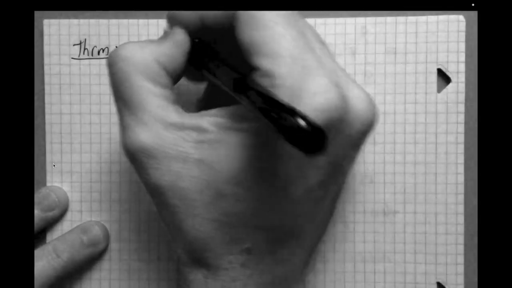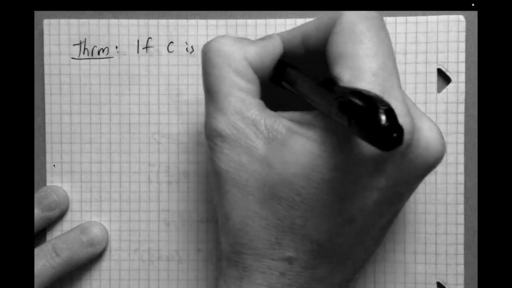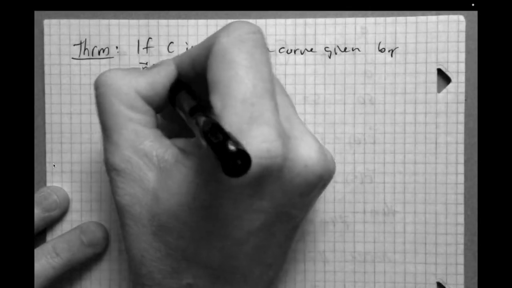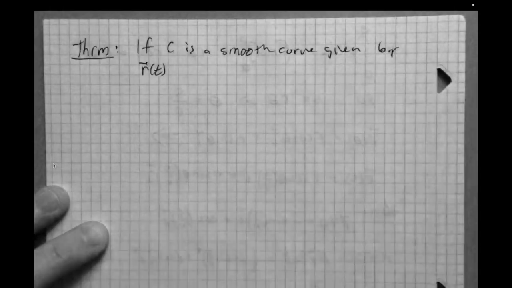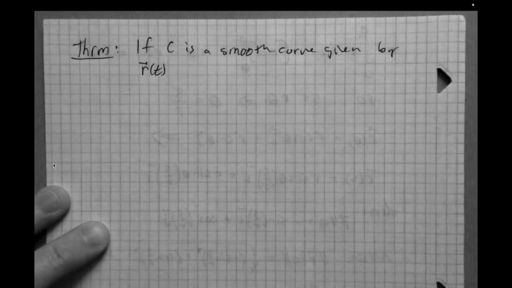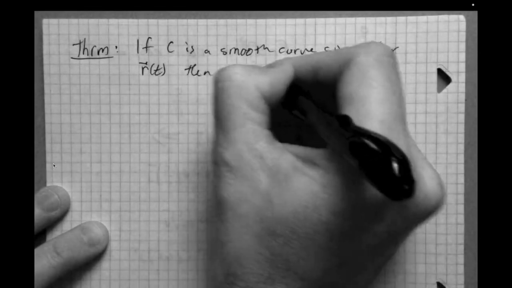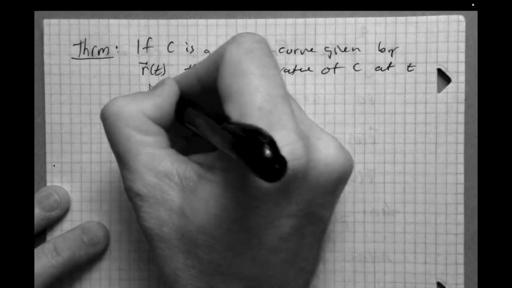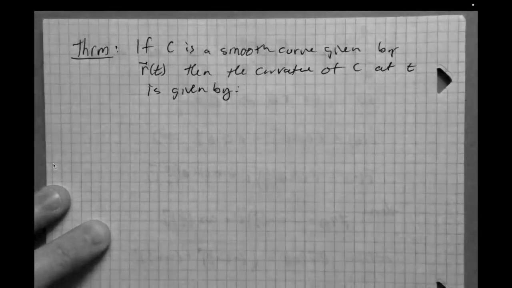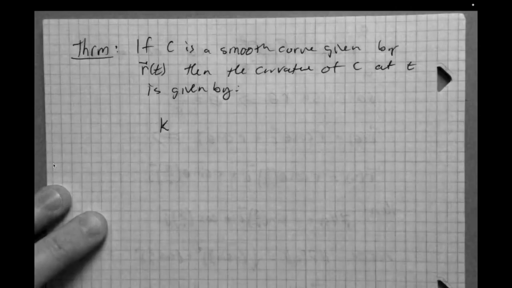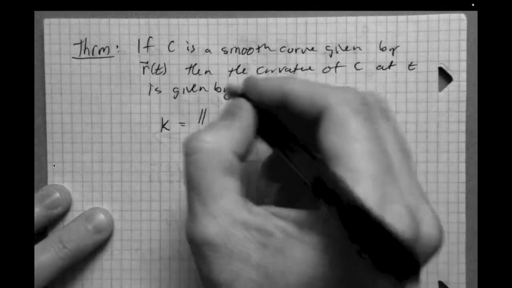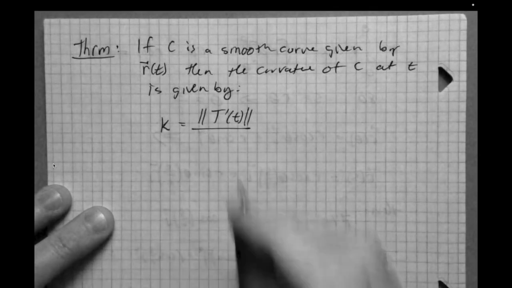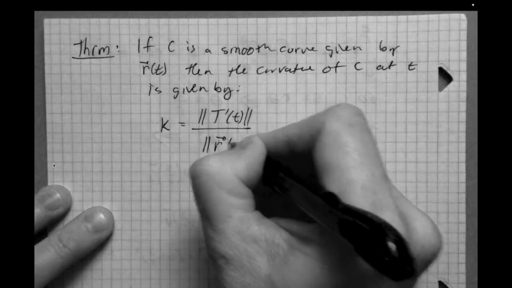If C is a smooth curve given by r of t, remember t is just some arbitrary parameter, then the curvature of C at t is given by, okay, so the curvature can also be calculated in terms of an arbitrary parameter as the norm of the derivative of T, the unit tangent vector, divided by the norm of r prime, the derivative of r.